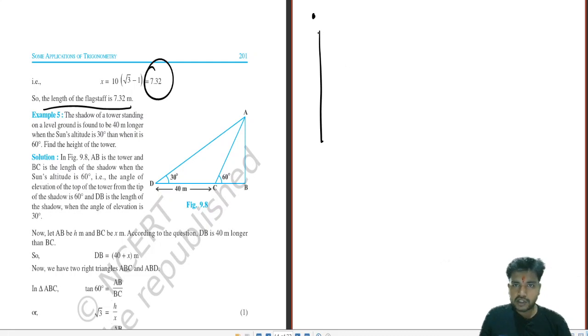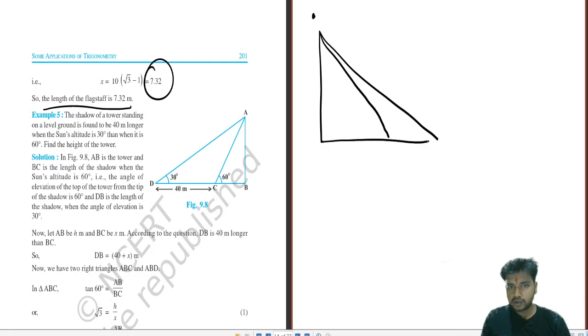First of all, in the morning, the sun has a longer shadow, and as the day comes closer to noon, it gets shorter. So the outside angle will be 30 degree and the inside will be 60 degree. Or you can take a concept of geometry that as the shadow comes inside, the angle will increase. Why?